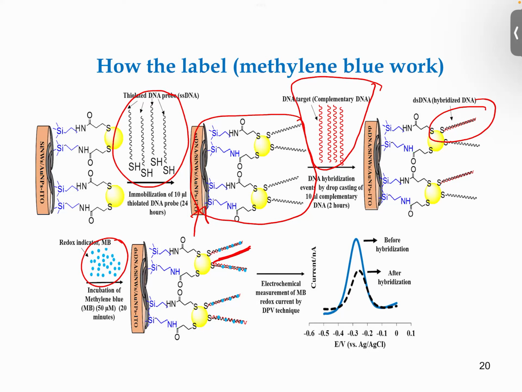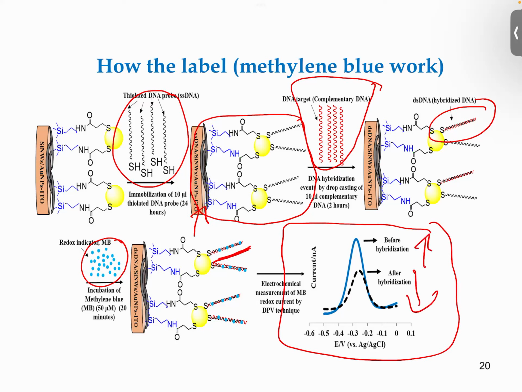So you can see the current change from before and after. It might go down, then it might go up. I'm not going to tell you why, because it requires research, unless you want to do research. Sometimes it goes down and sometimes it goes up.